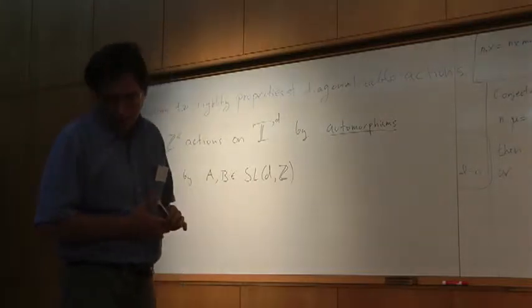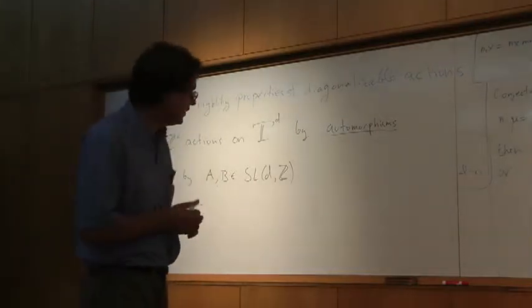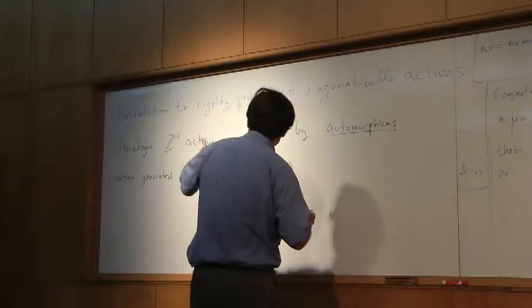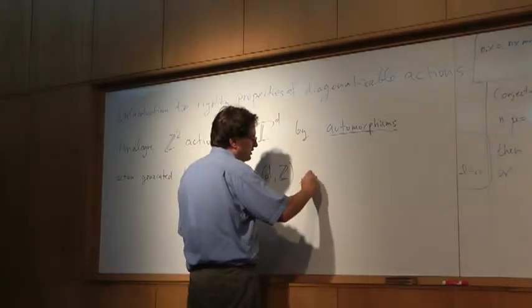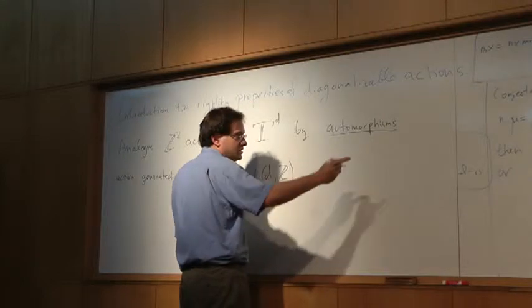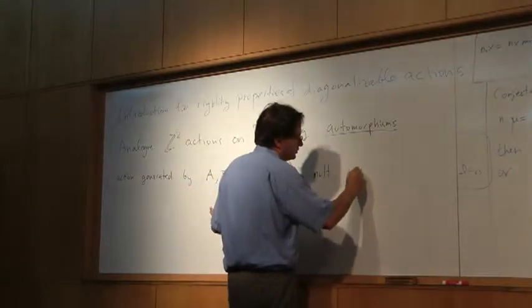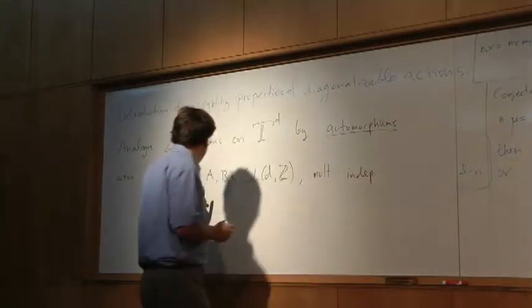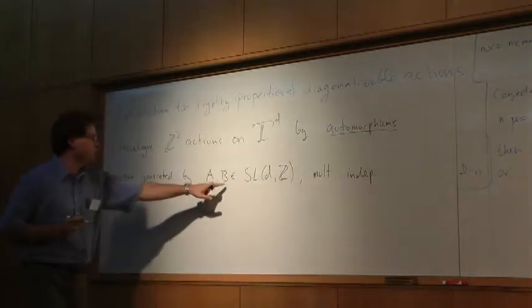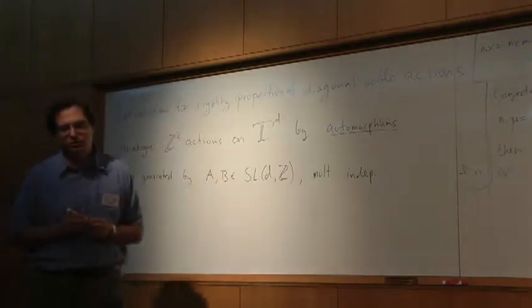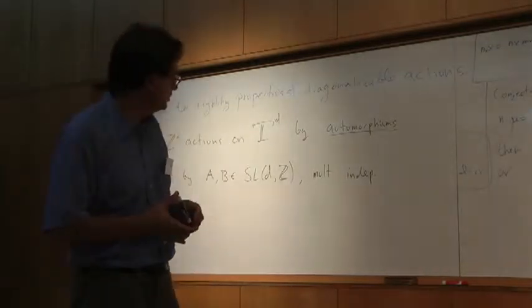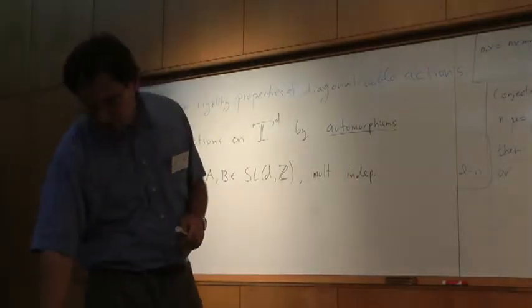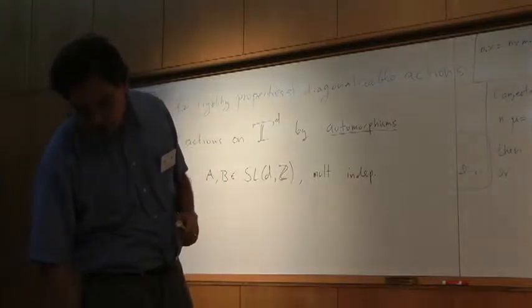And I want to assume that it's actually a Z^2 action, not something much smaller, so I assume that they are multiplicatively independent in the same sense as before. No non-trivial power of one is equal to a non-trivial power of the other. And I guess none of them is the identity.